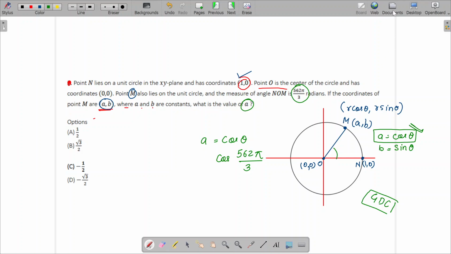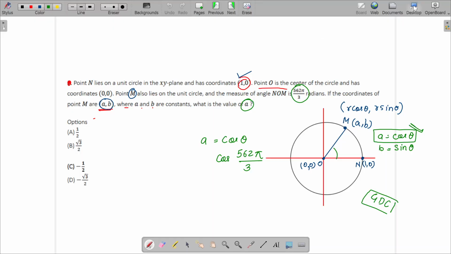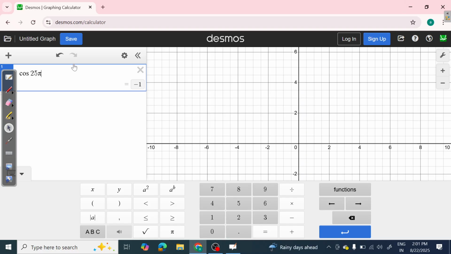Now you find out what cos of 562 pi over 3 is and match it with the answer options. Use Desmos for that, don't do it manually. Let's try it on Desmos. I'll directly put this in: cos of 562 pi divided by 3.